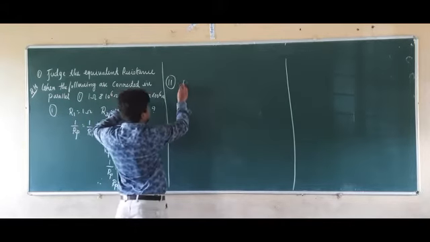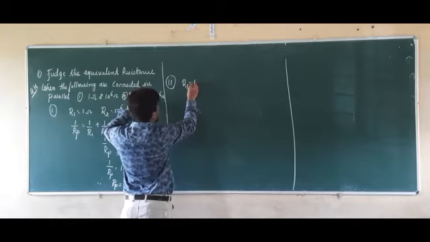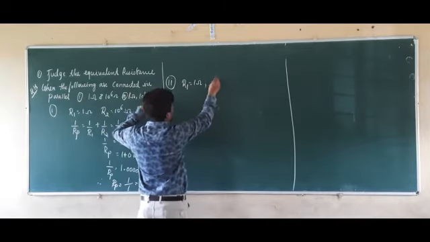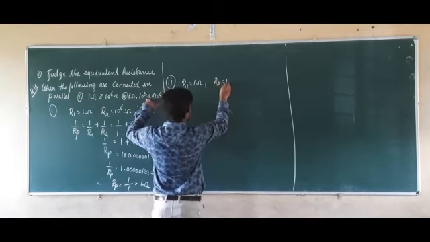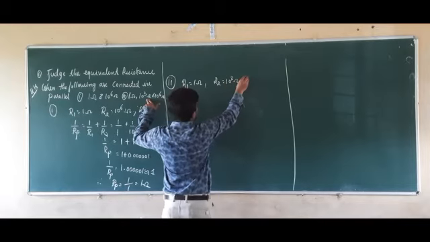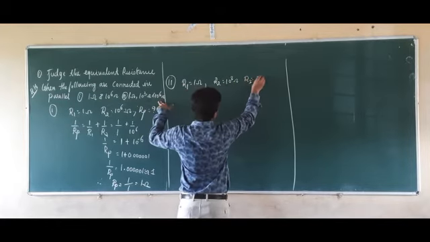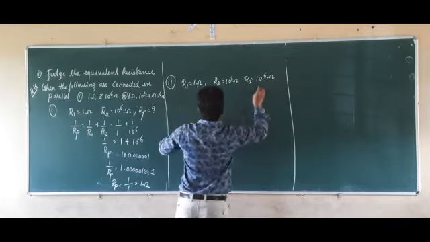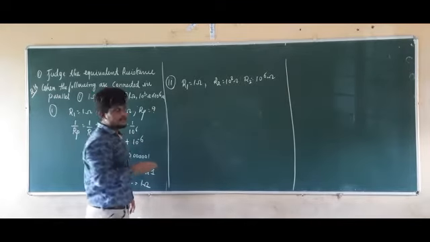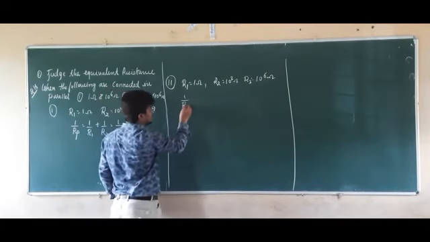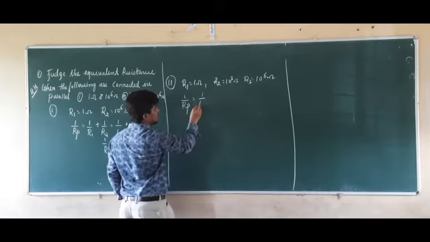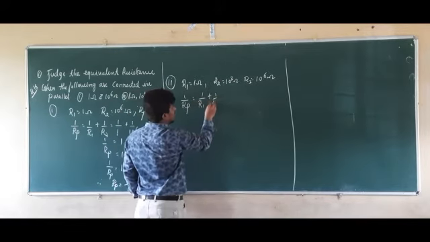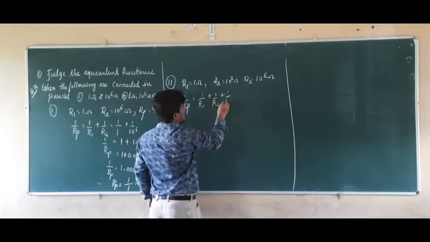Next, the second question. Let the first resistance be R1 equal to 1 ohm, R2 equal to 10 raised to 3 ohms, and R3 equal to 10 raised to 6 ohms. By the formula we know how to calculate the parallel resistance: 1 by RP equals 1 by R1 plus 1 divided by R2 plus 1 divided by R3.